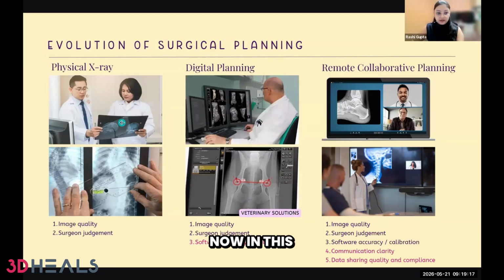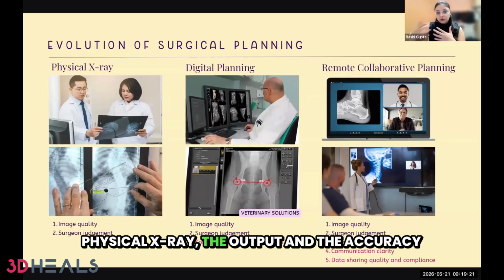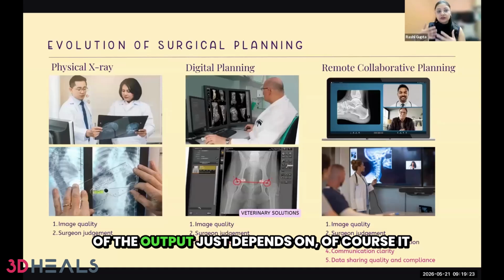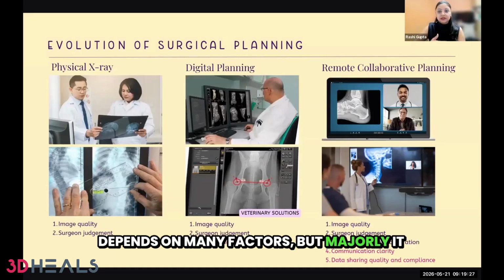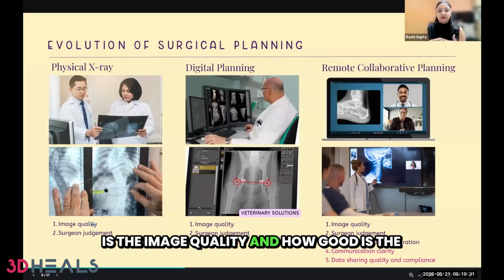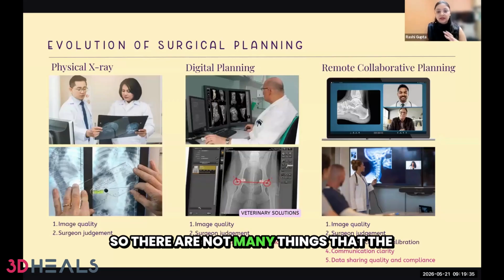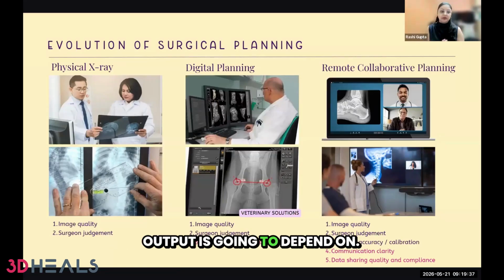Now, in this case, when you're planning a surgery on a physical X-ray, the accuracy of the output depends on many factors, but majorly it depends on two factors, which is how good is the image quality and how good is the surgeon's judgment, right? So there are only two factors.